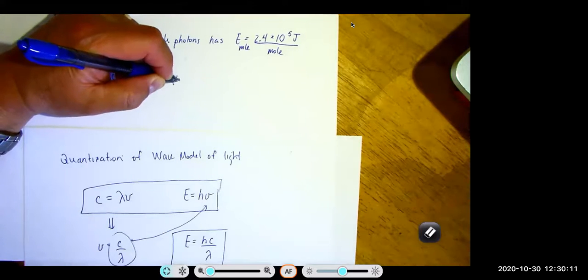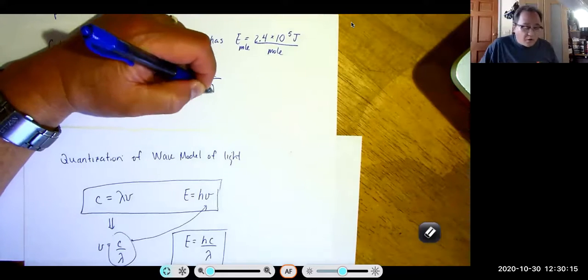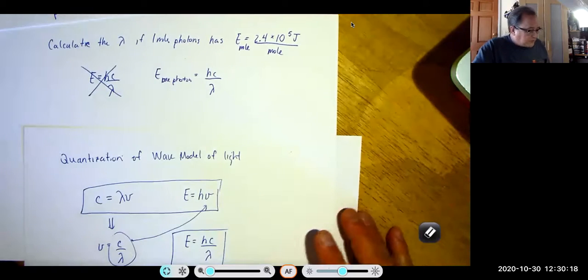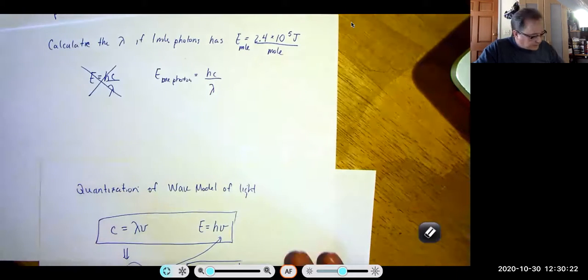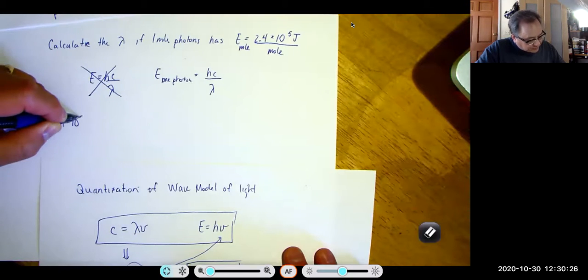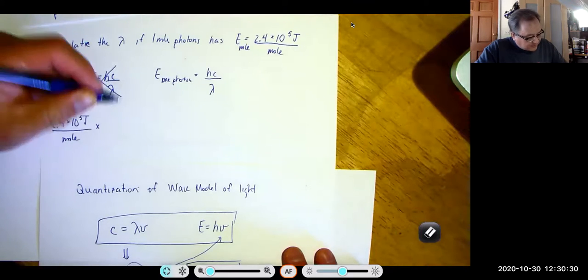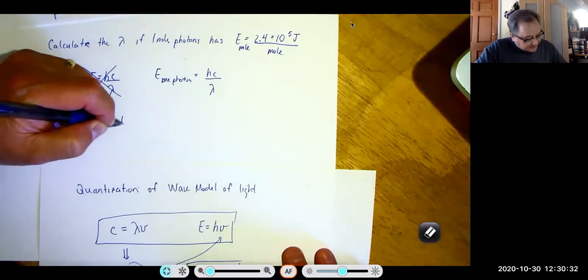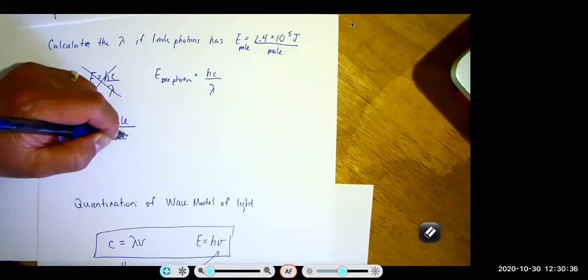Not 1 mole of photons. So how do we do this problem if we're given the energy for a whole mole of photons? Well, you take this 2.4 times 10 to the 5 joules per mole, and you divide by 1 mole, which is 6.022 times 10 to the 23rd.